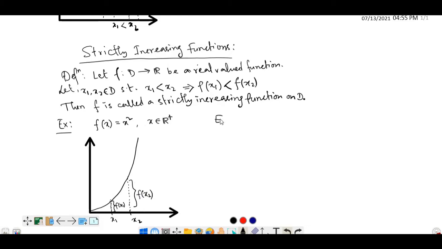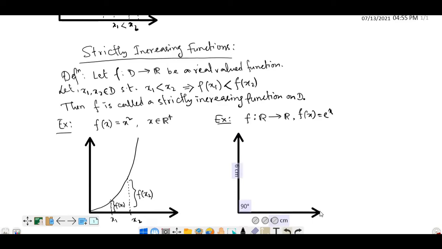Another one also, you see f from R to R, f(x) equal to e to the power x, that is also an example of a strictly increasing function, because if you see, the graph is like this.